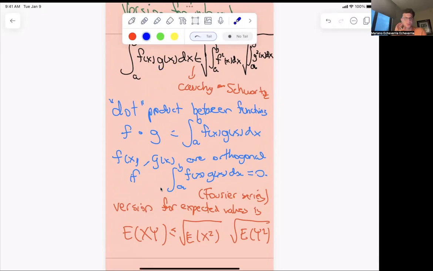You just have to multiply by the density functions or whatever. It's more or less the same proof, but I'm just saying that there's a version of Cauchy-Schwarz for expected values, which is the one that usually gets used in probability theory. But again, you don't have to worry about that. I just thought I should mention it because I had included that one as a problem to look at for the final. So don't worry about that.